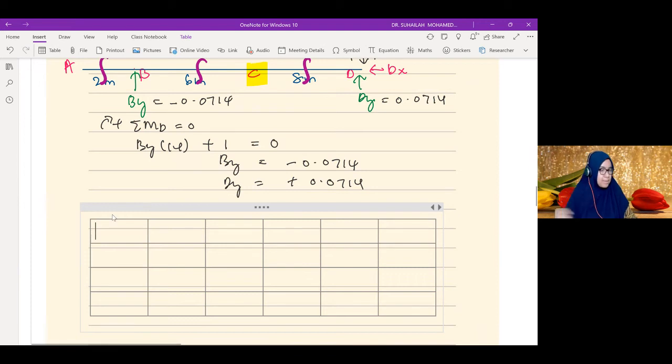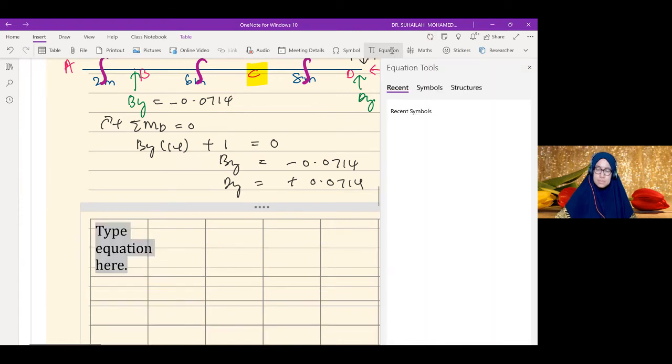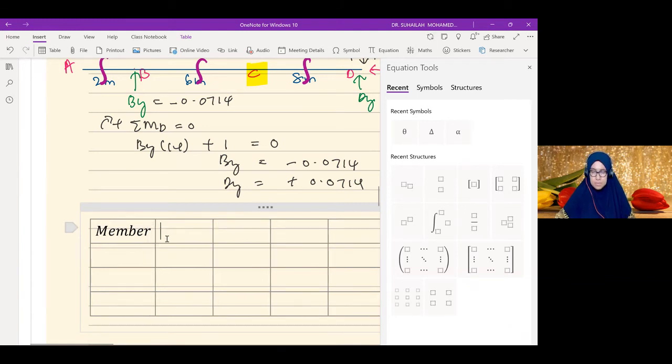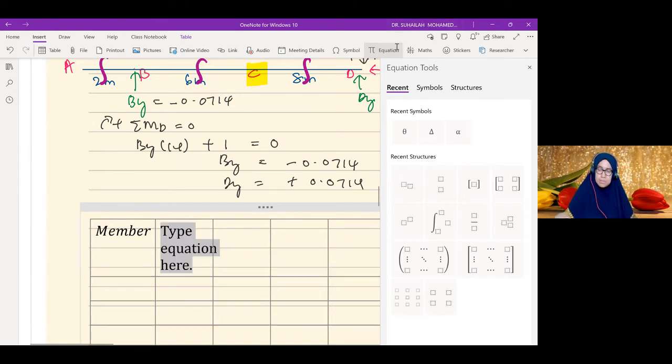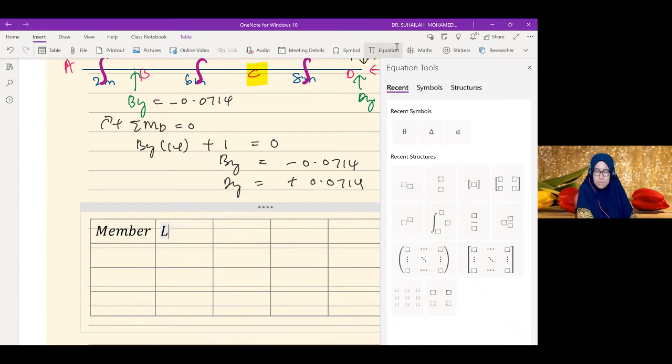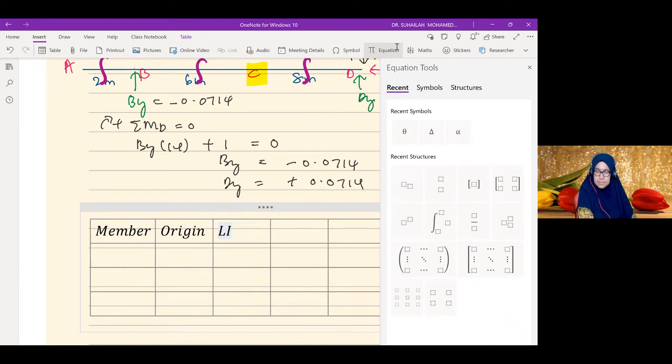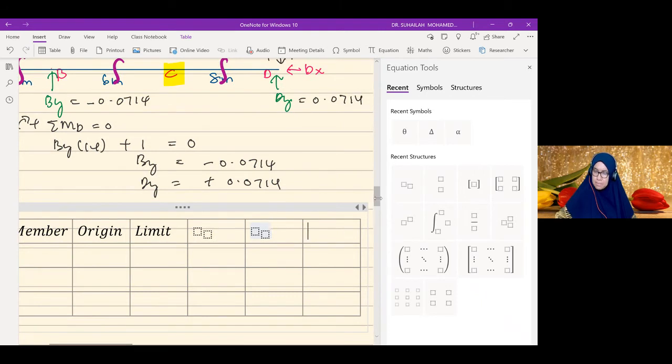We have member, origin, limit, and M0, M1, and M2.